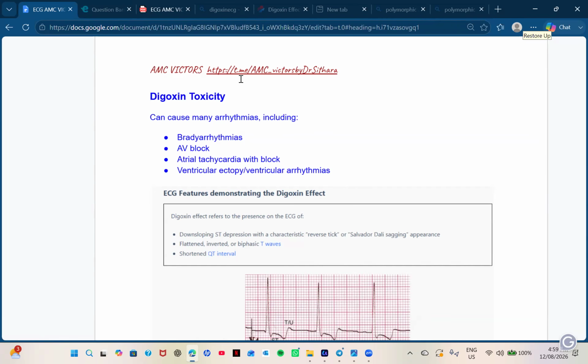That is excessive digoxin, the overdose, not the therapeutic dose. Sometimes some patients, even taking the therapeutic dose, can be toxic, or it can be due to dehydration or hypokalemia or some kind of drugs, right?